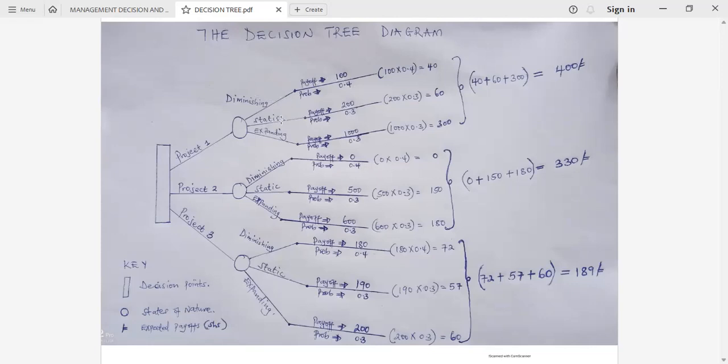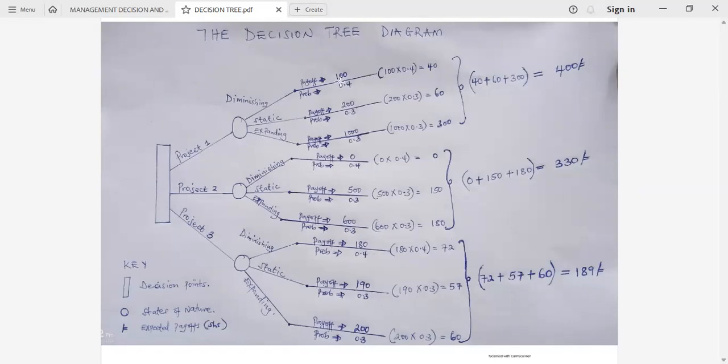For static, if the state of nature remains neutral, we may have a payoff of 200, and that payoff is represented above this line. These dots you are seeing don't represent anything, but I've just put them there to show that where the diminishing ends, we have the outcomes. These are the possible outcomes with their corresponding probabilities.